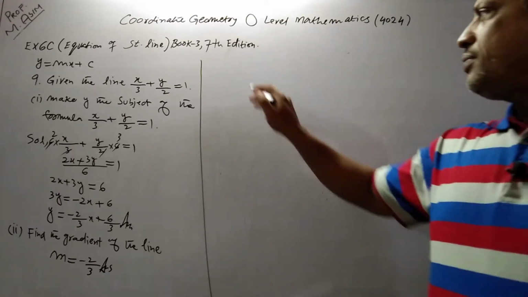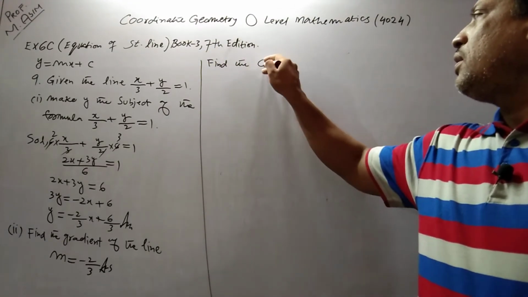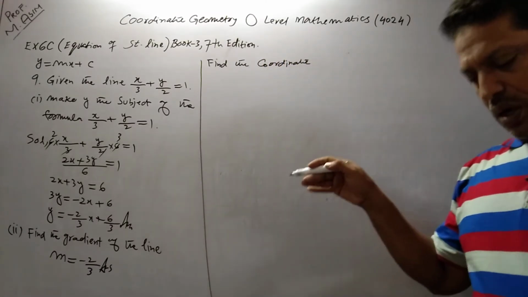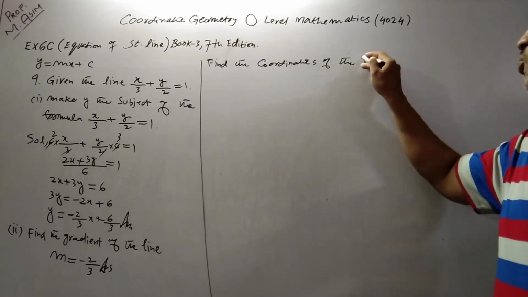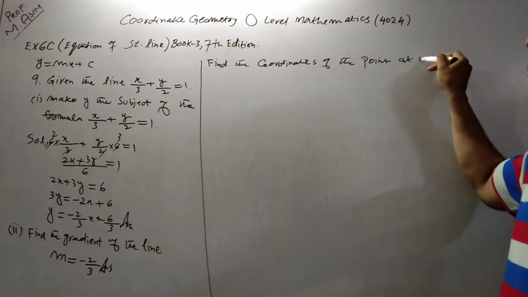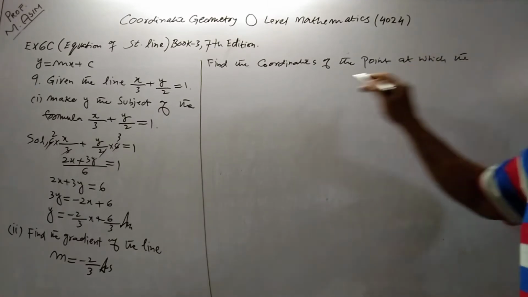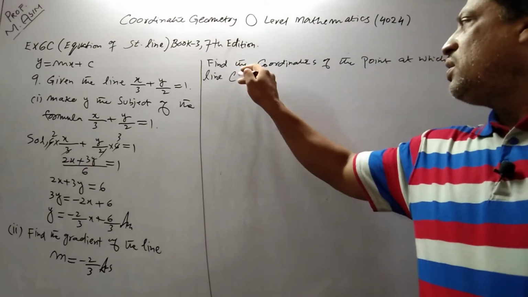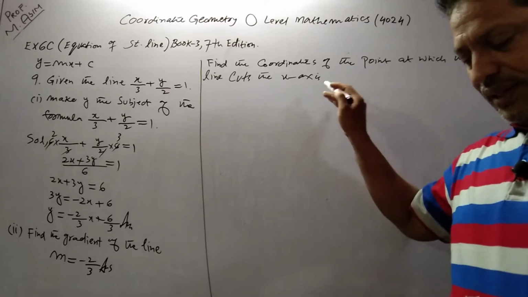Part 3. Part 3 is, find the coordinates of the point at which the line cuts the x-axis.